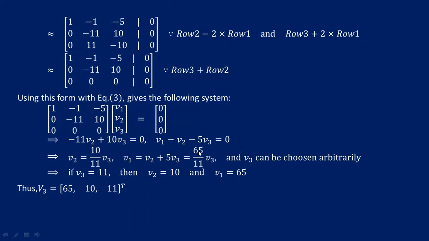So v3 is equal to 11, v2 is equal to 10, and v1 is equal to 65. So (65, 10, 11) is our third eigenvector. You see here we have 3 eigenvalues, and corresponding to these we have 3 eigenvectors named v1, v2 and v3.